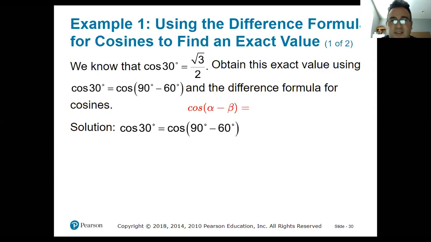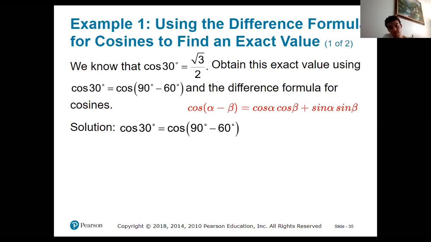the difference formula for cosines, the cosine of the quantity alpha minus beta is cosine of alpha times the cosine of beta plus sine of alpha times the sine of beta. So what's my alpha here? 90.